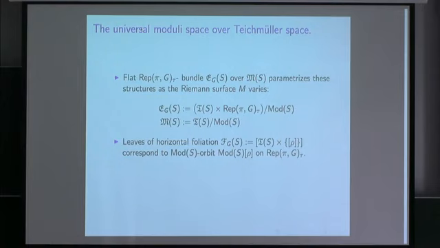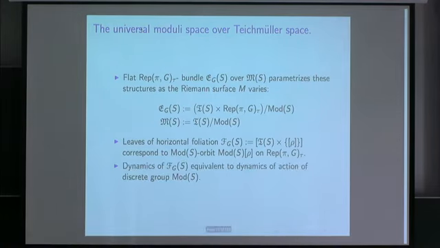This is a standard construction of a flat bundle, and the leaves of the horizontal foliation, given by the fibers that look like Teichmuller spaces, correspond to the orbits of the mapping class group on the character variety. So this is the first attempt to get a continuous object whose dynamics mirrors the action of the mapping class group, but it's a foliation, which is still not as tractable as an action of a connected Lie group.